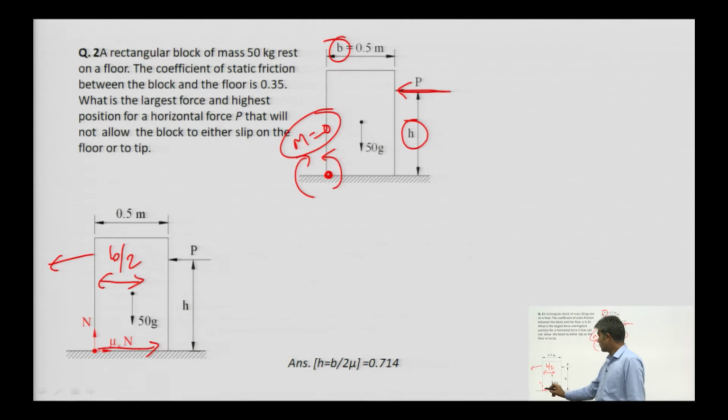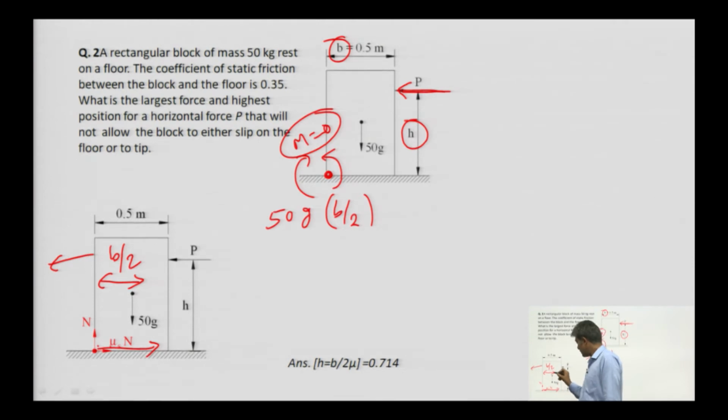Equating moment equal to 0, what will we get? We will get 50g as the force value multiplied by the perpendicular distance, which for the moment at this point will be B by 2. The tendency of this moment is to rotate in the clockwise direction. What are the other forces?